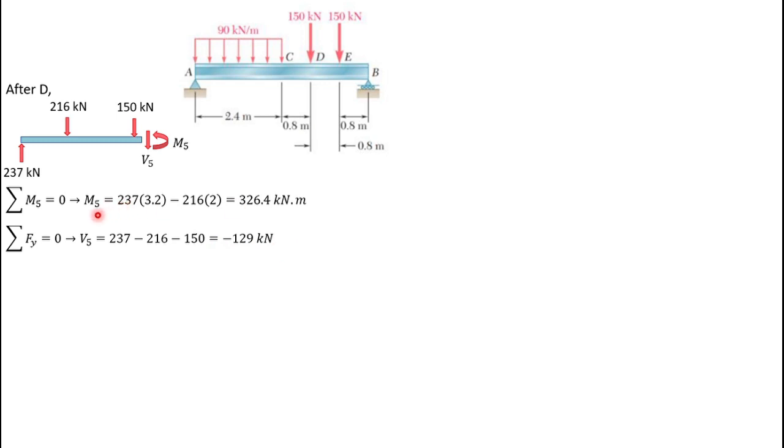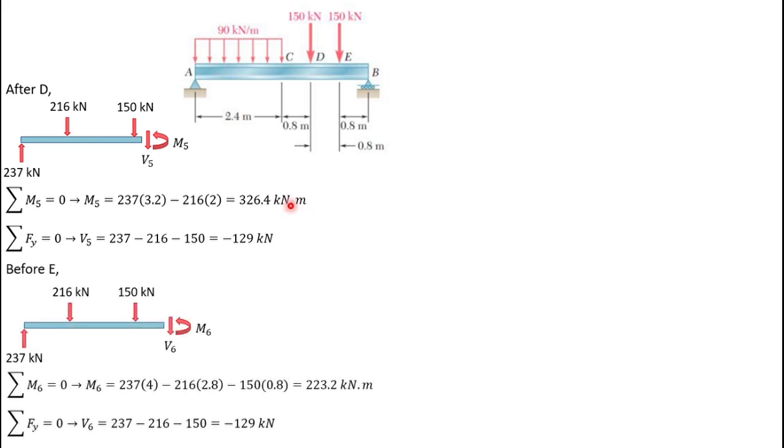And for the moment M5, we have this one times a distance of 3.2 meter, this one minus 2 meters for this one. And for the 150 kilonewton, we assume it to be 0 because it is really small. So M5 is equal to 326.4 kilonewton meter.